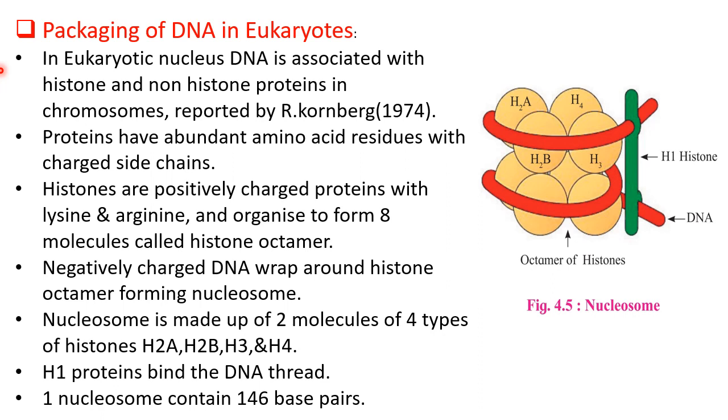Then, in these chromosomes, the DNA is associated with certain types of proteins. These are histone and non-histone proteins. The association of these histone and non-histone proteins with chromosomes was first reported by a scientist called R. Korenberg in the year 1974.